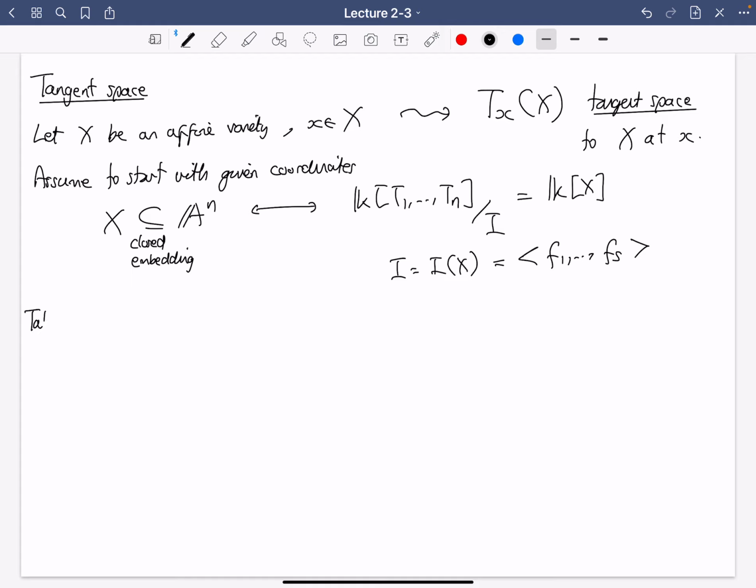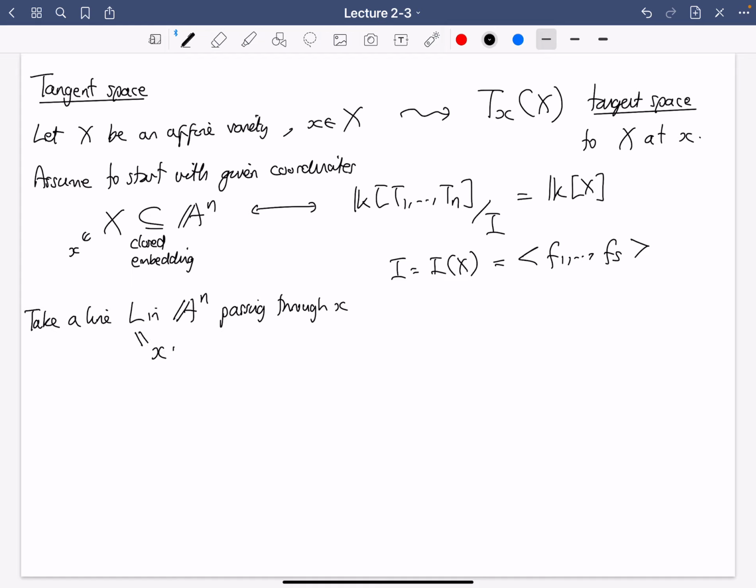And then I want to take a line, L, in affine n-space. That's just k to the n, that's just a vector space. Take a line passing through the point x. Okay, so this point x is given inside there. Of course that line, I can write as a vector equation.